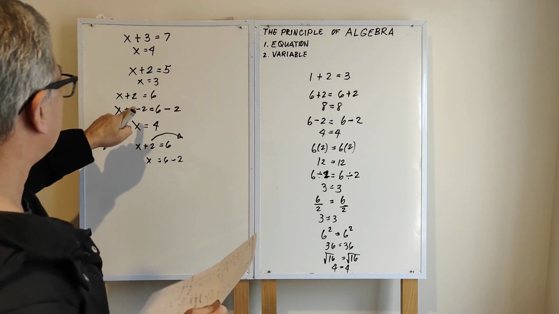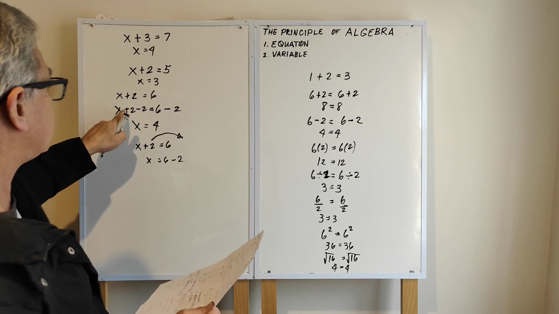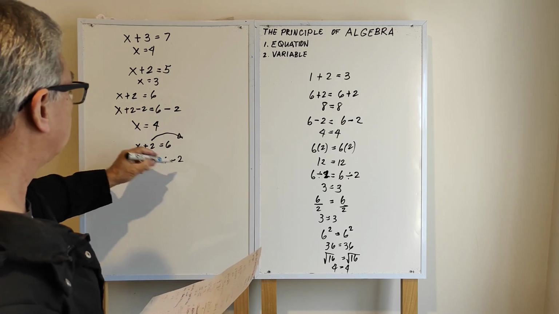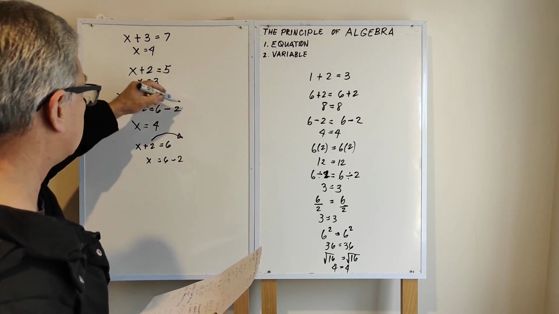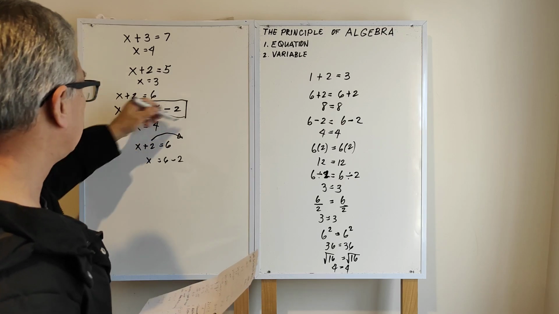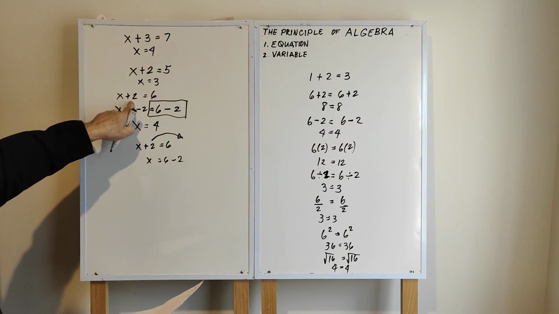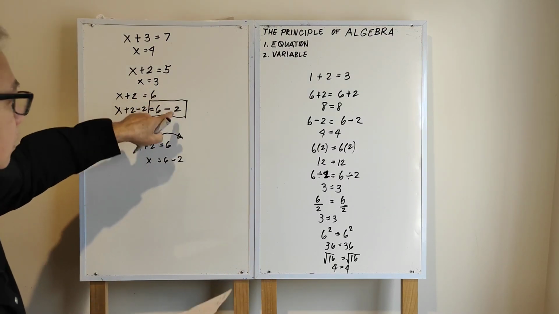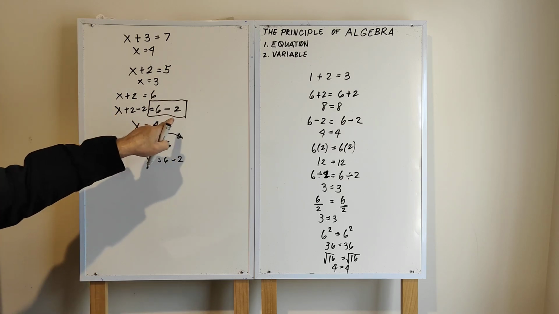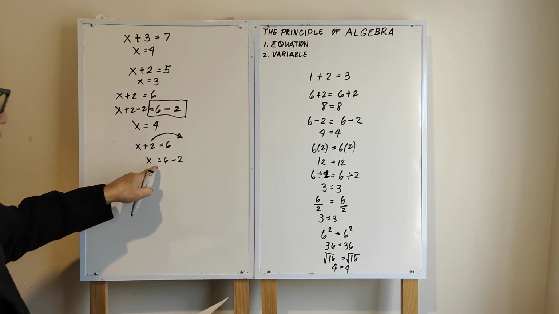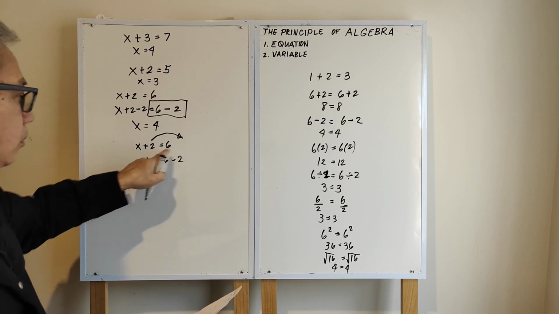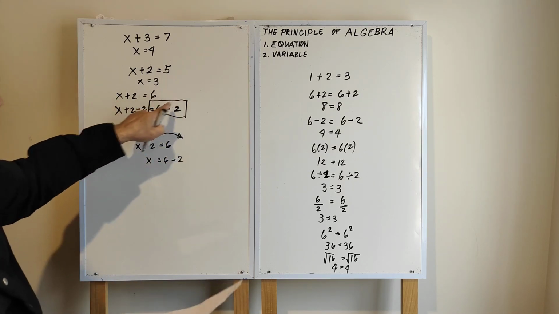But actually, what happened is you subtracted everything by 2. The 2 in here becomes negative 2 in here, but actually you subtracted 2 on both sides. So it's a shortcut, it will become like this. But this is the original logic.